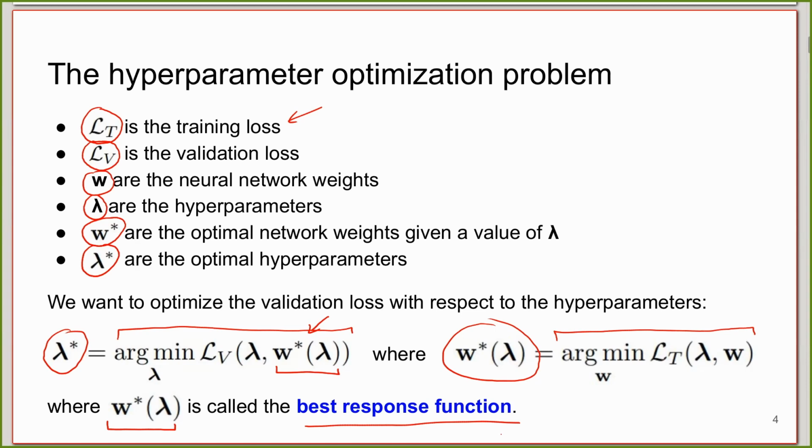Yeah, we're going to simplify things here, and we're going to assume that you just find some local optima. We're going to see later that what happens in practice is that you don't really fully optimize your training loss, and we're going to see methods that will be able to deal with that. But right now, let's assume that everything is kind of simple and that there is a unique minimizer on the training loss for a particular setting of the hyperparameters.